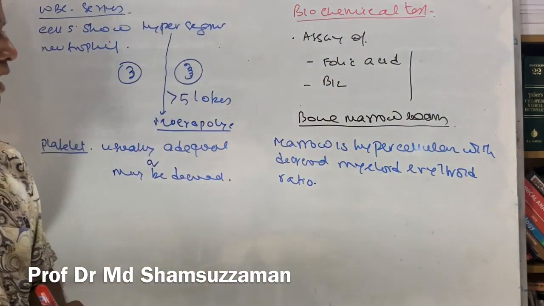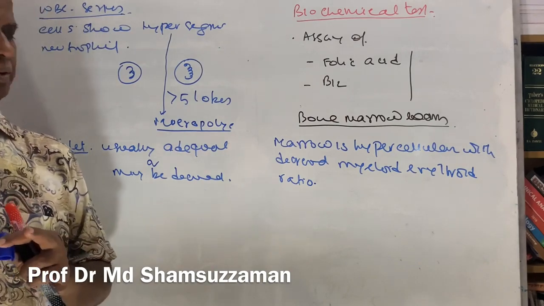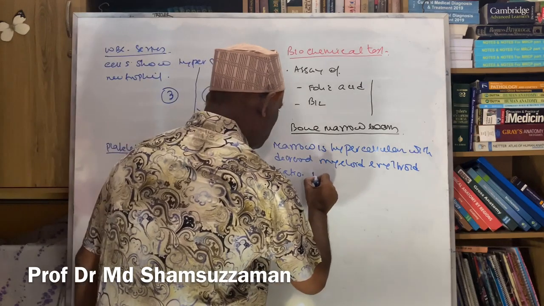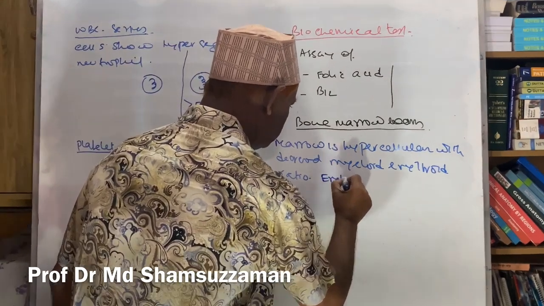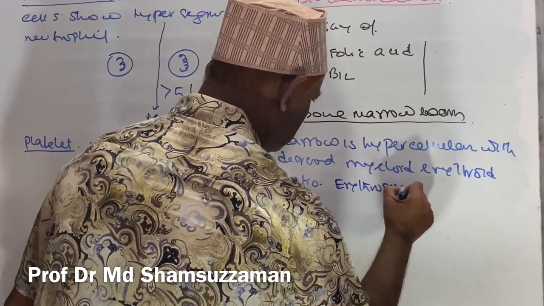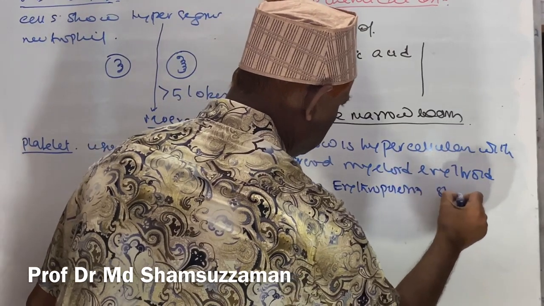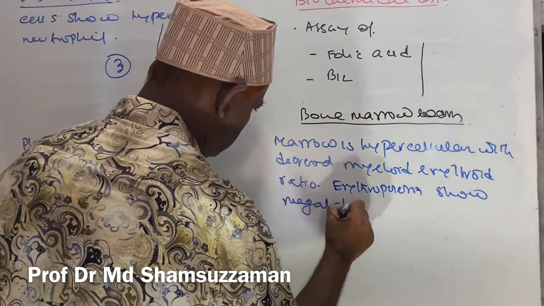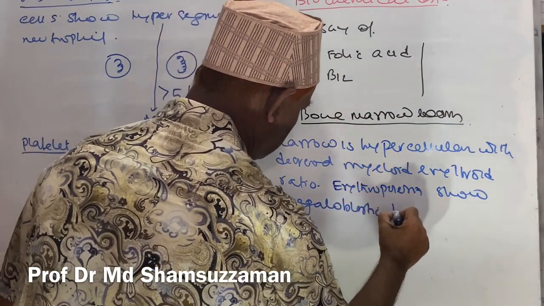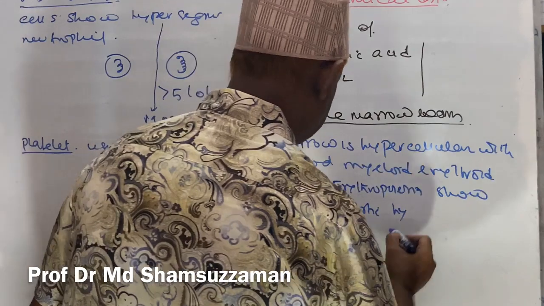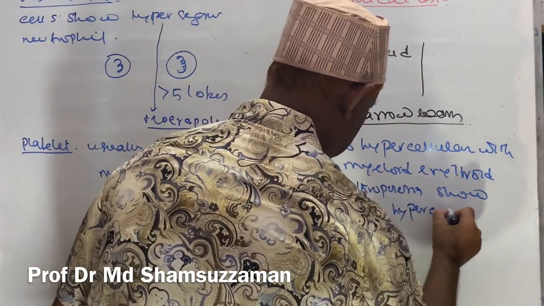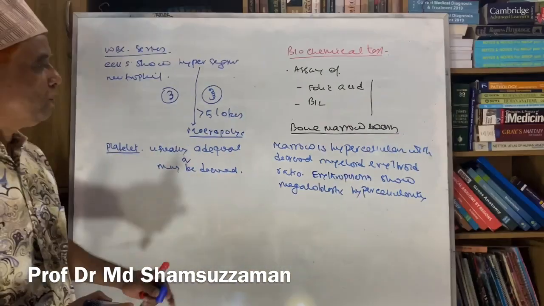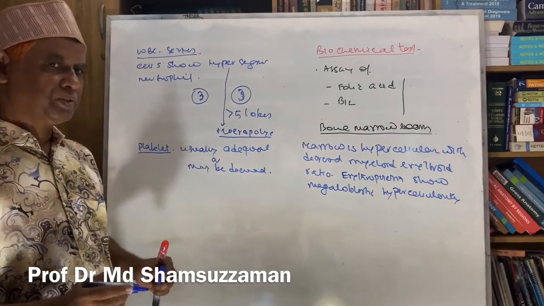Erythropoiesis shows megaloblastic hypercellularity.